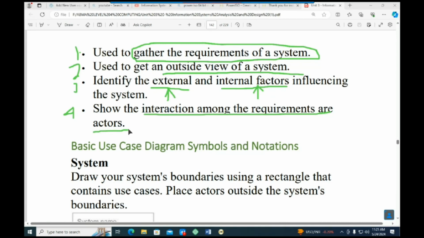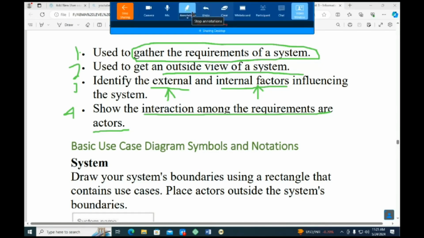How are those requirements of those actors interacting? Remember, we said actors are either people or entities in that particular system that have a role. So basically, these are the four purposes of use case diagrams.